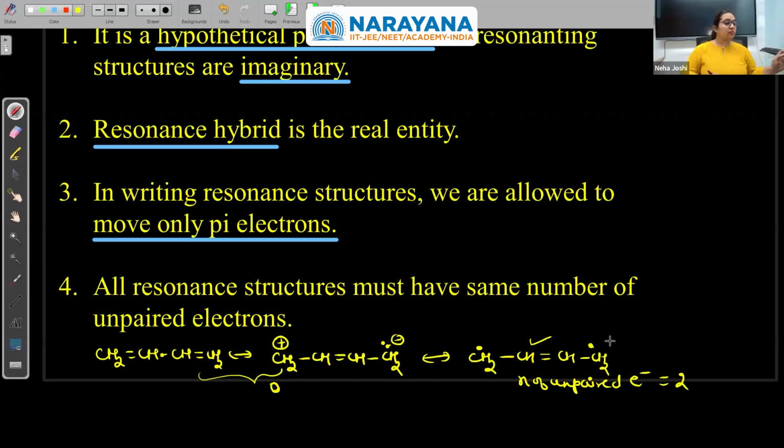Because if you change the number of unpaired electrons from one resonating structure to another, then you are fluctuating the behavior between the actual observed diamagnetism and paramagnetism. So your resonating structures should be in sync with what is being observed as the diamagnetic or paramagnetic nature of the molecule.